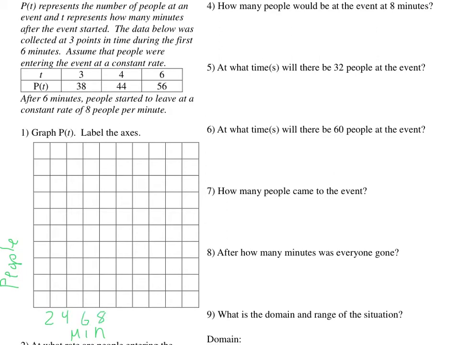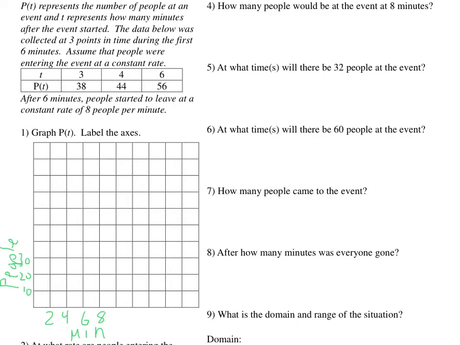And on the people, I notice there's a 56 right here. Because I have 56, it's kind of high, so I don't want to go by ones or anything. That wouldn't make sense. So I'm going to go by, let's say, 10s. So this would be 10, 20, 30, and so forth. All right, so here we go.